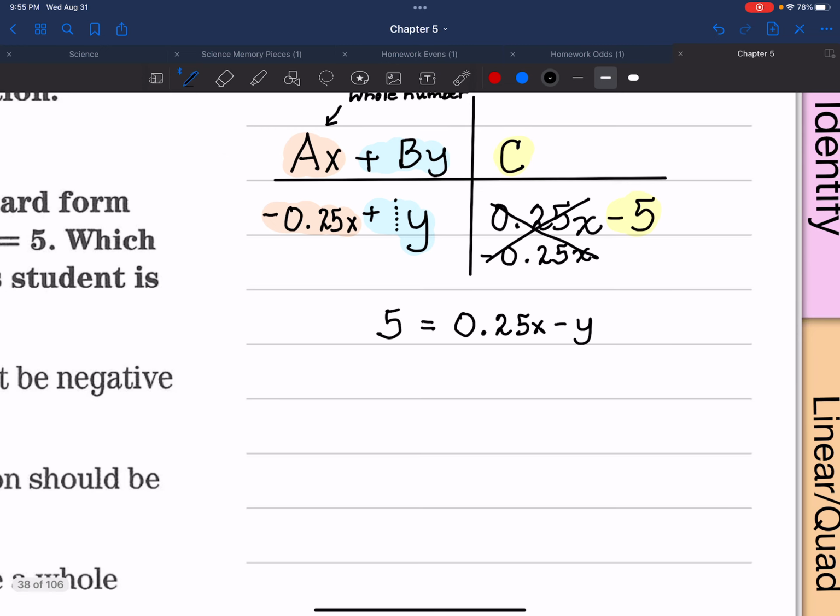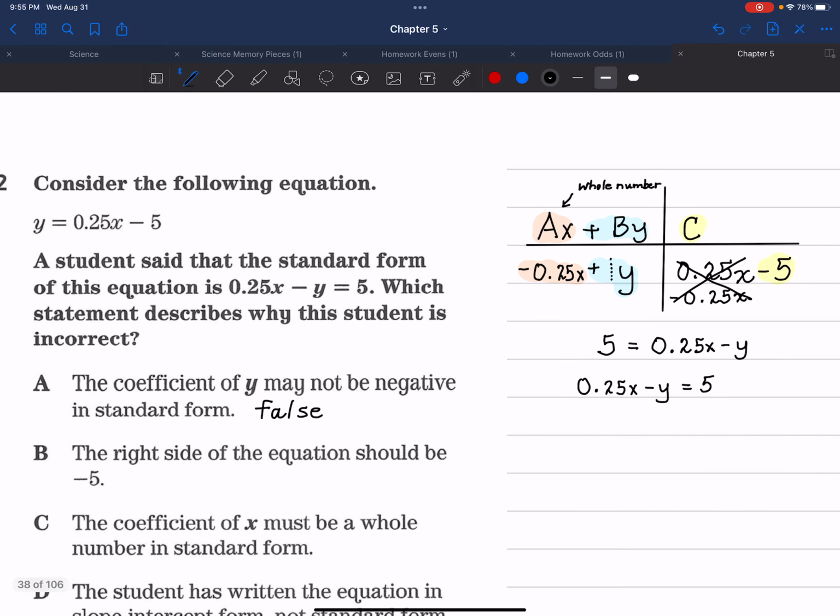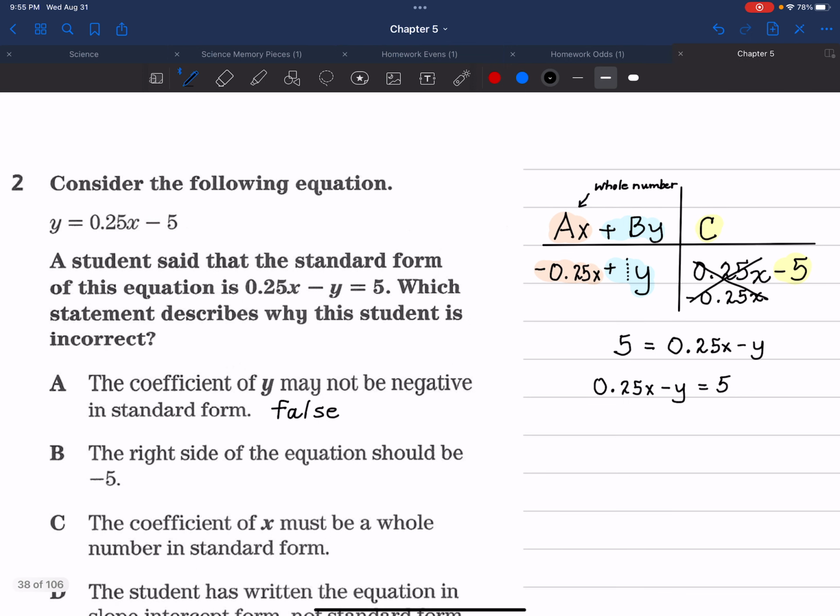So the way the student has written it, it would be a positive 5. So that part of the student's equation is okay. In the way the student has it written right here, it would be a positive 5. So this is a false statement.